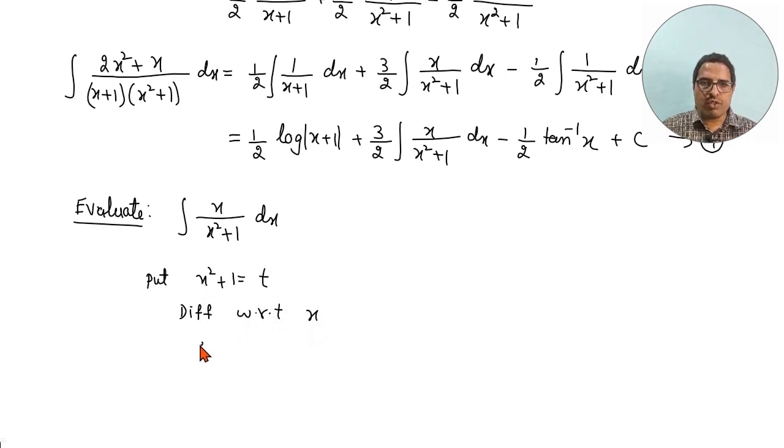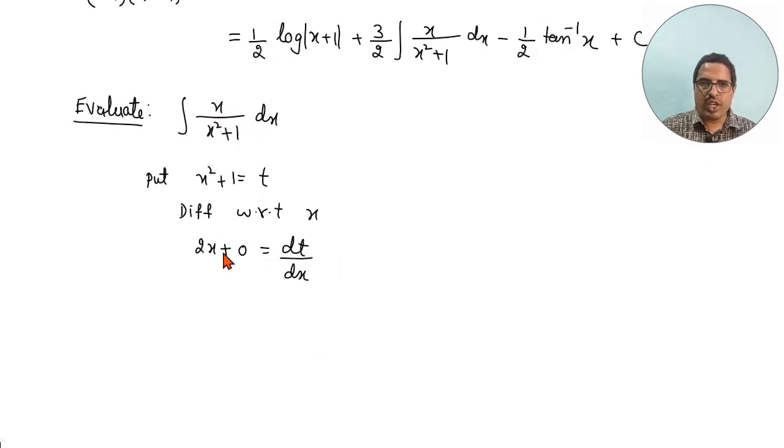So differentiation of x square will be 2x plus the constant differentiation is 0, and differentiation of t with respect to x will be dt by dx. So here you have x dx. So retaining this x as it is, cross multiply the dx. So x into dx will be equal to dt, cross multiply 2, so it is divided by 2.